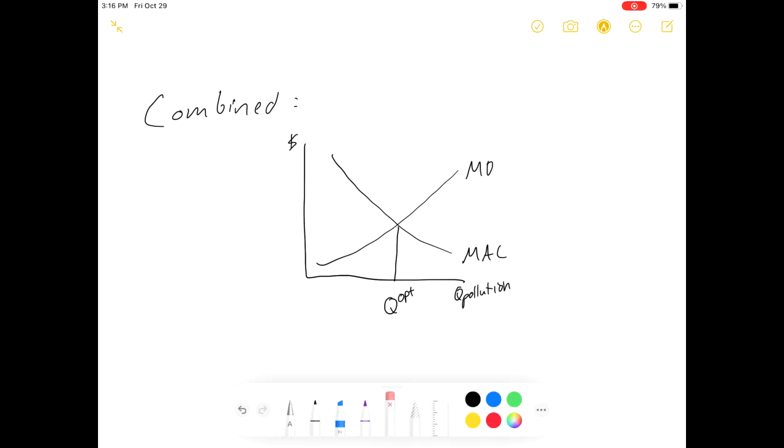Let me get rid of those just so it doesn't distract us too much. Let's start with ourselves over here at Q max. We'll start with where the market wants to be.